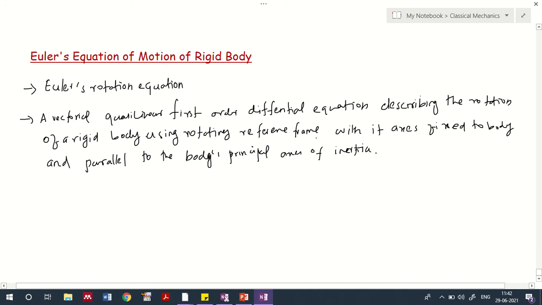And how do we represent that? We will come to that discussion. Before that, let me start with a discussion of torque, from which we can derive this.